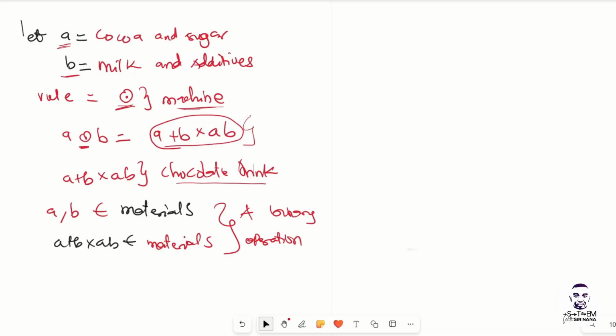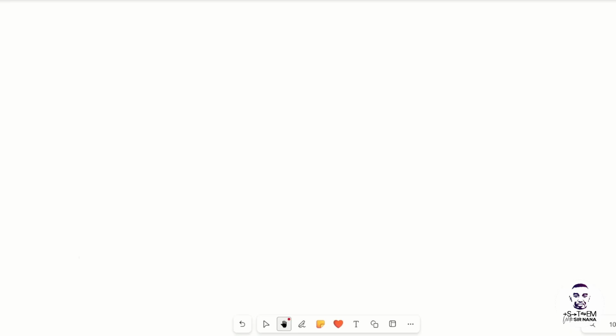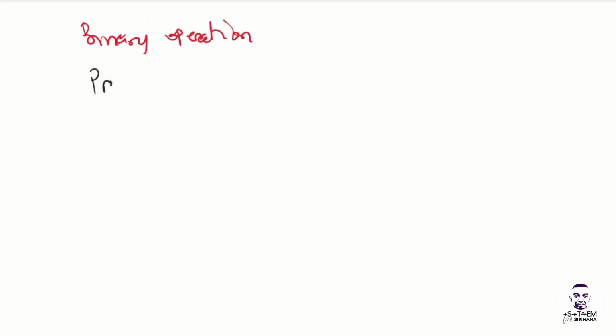Now, how do we see binary operation operate in our real life? So basically, or why should we probably study binary operation? So a study of binary operation as a student will help us to be able to understand programming, right? So basically, when we consider programming languages, we know that the computer basically operates on zeros and ones, right?